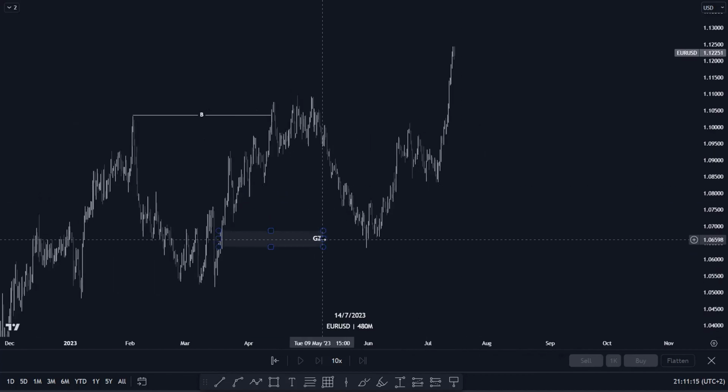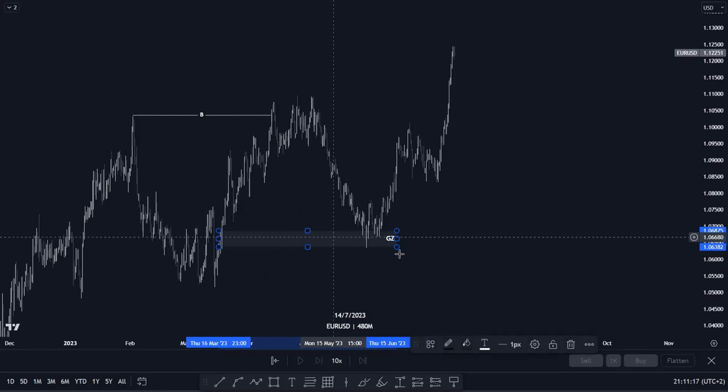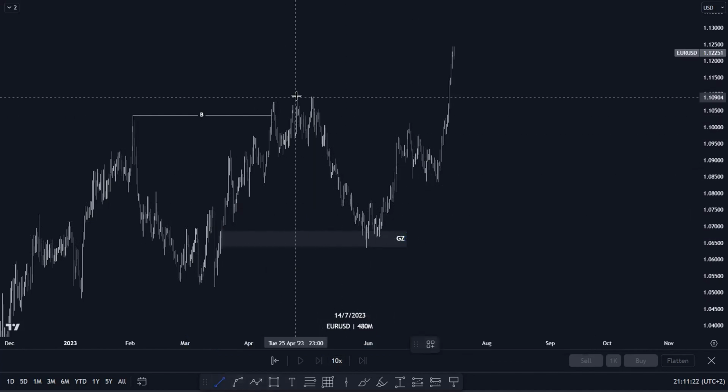So what are we looking at next on our Euro USD pair? Since now we know that price tapped us into our golden zone entry and took our previous high, here we have a break of structure.